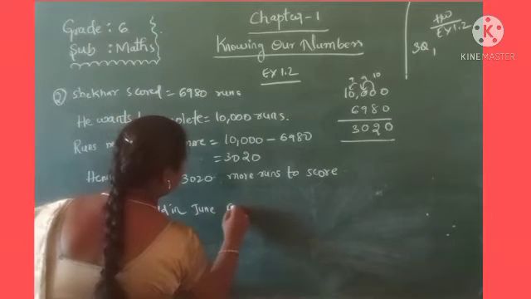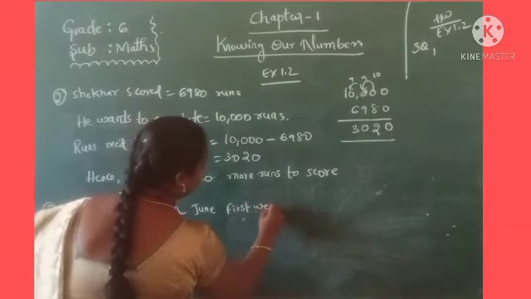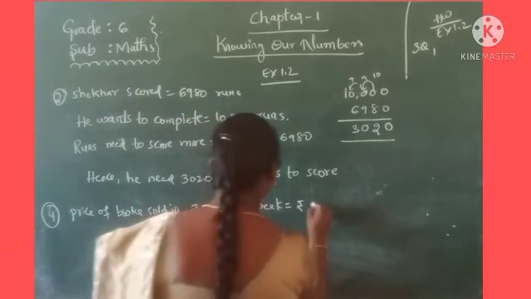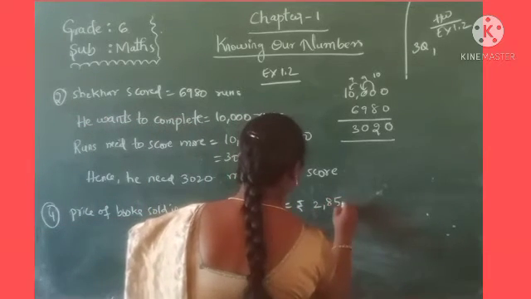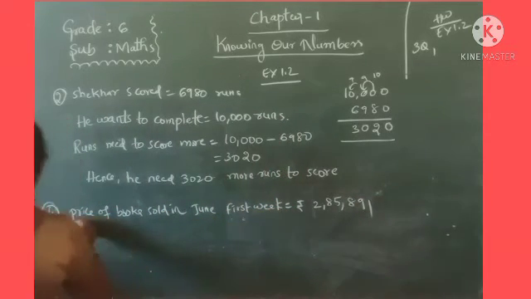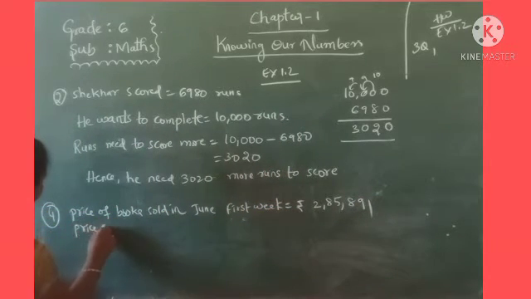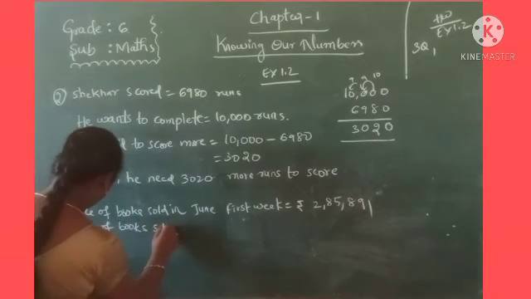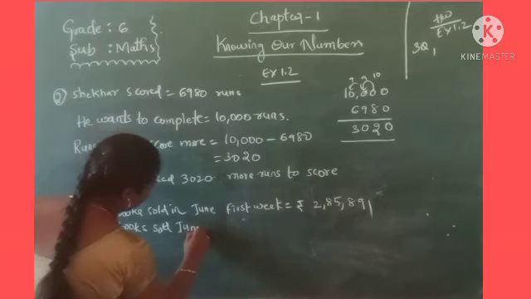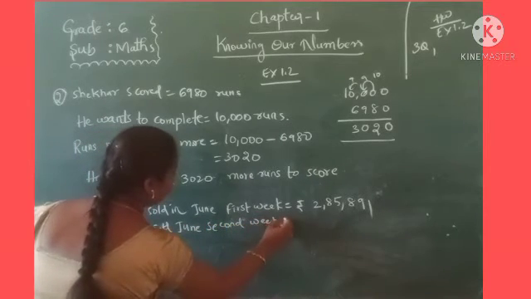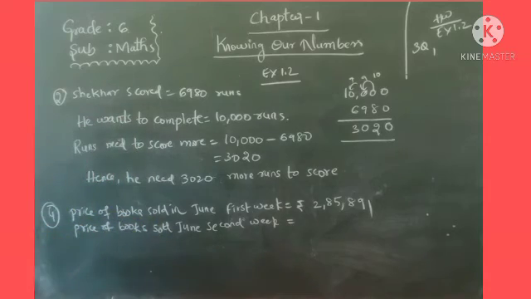June first week. In June first week, the price is 2,85,891 rupees. Similarly, price of books sold in June second week. So in 2 weeks she sold books.